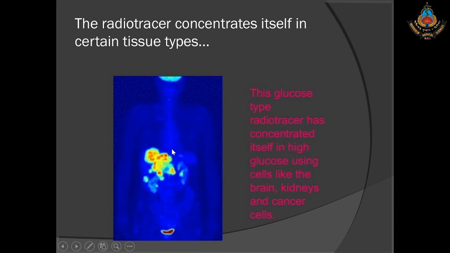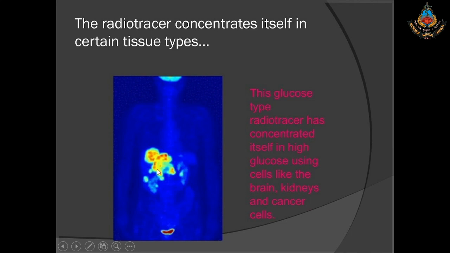So where the concentration of radiotracer is high, this radiotracer, that is glucose, is highly concentrated in the case of a brain tumor or brain site, and they are very highly used inside the kidney or inside the cancerous cells.